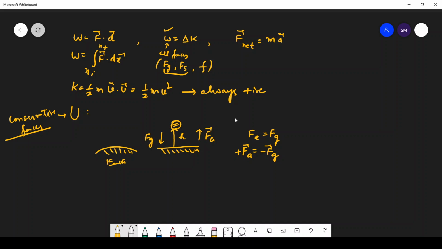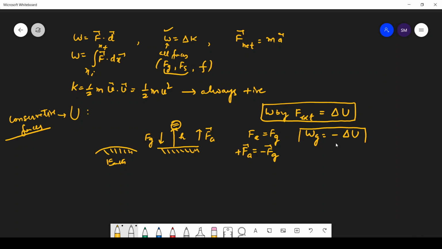And this work done by the external force was stored in the form of potential energy, and the work done by gravitational force was exactly negative. So work done by gravitational force is equal to negative of the potential energy.